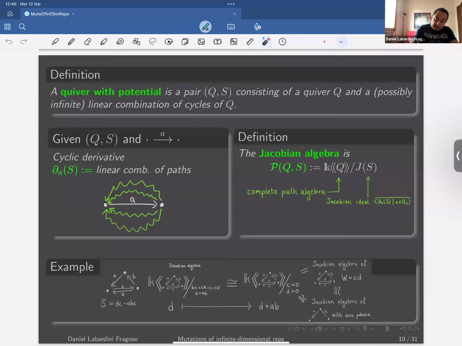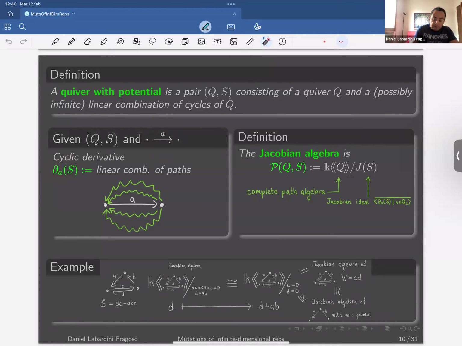Now, given a potential on the quiver, one can define for each arrow of the quiver a cyclic derivative of the potential with respect to the arrow.